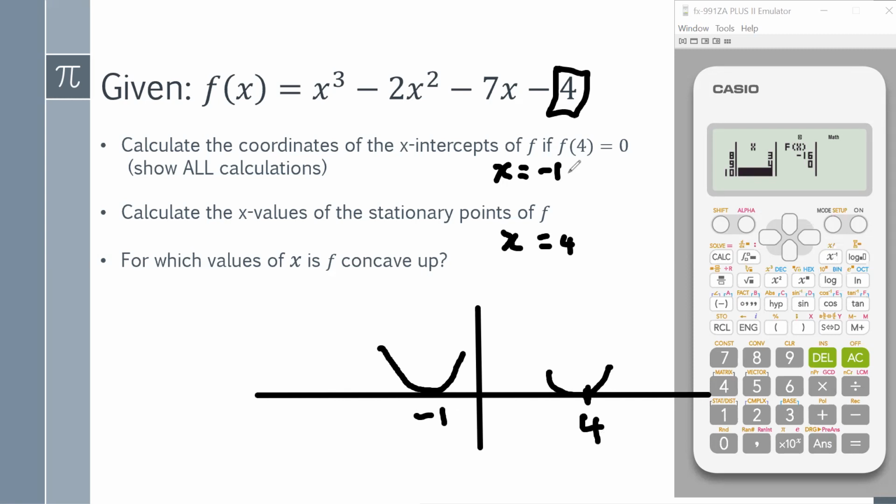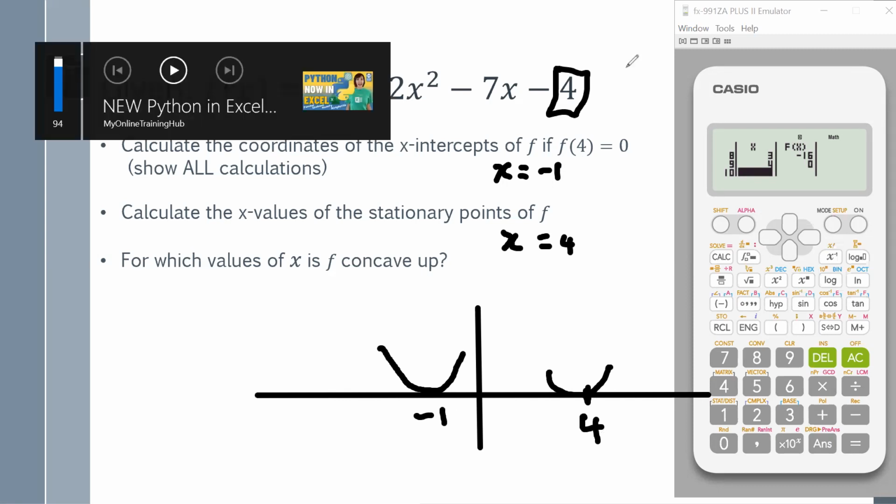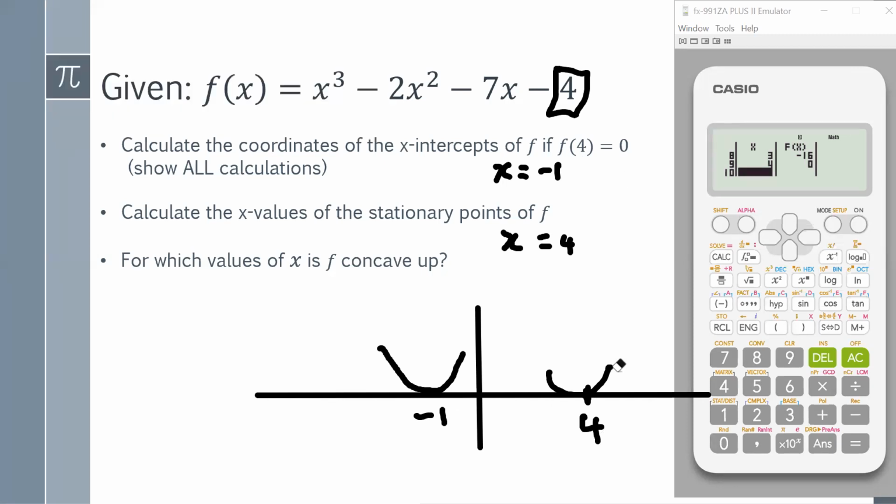So we need to know which of these values is a turning point and an intercept, right? The other possibility could be we actually have a graph genuinely with 3 roots, okay? That is, -1 is one intercept and 4 is another intercept.